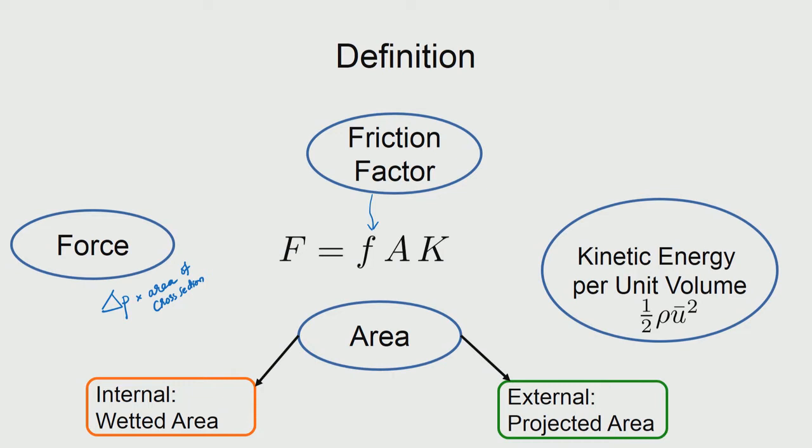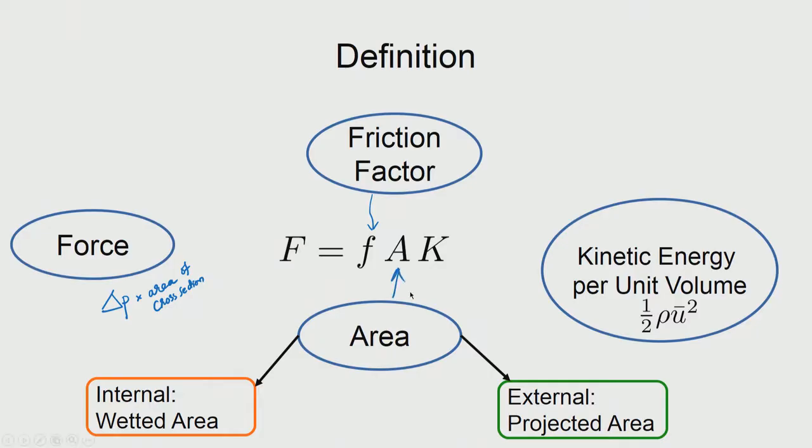The projected area in the case of flow over a sphere would be the cross sectional area of the sphere itself, which is pi r square. So, you do have different ways of defining A, and we need to watch out which type of flow we are looking at, and accordingly take that expression.